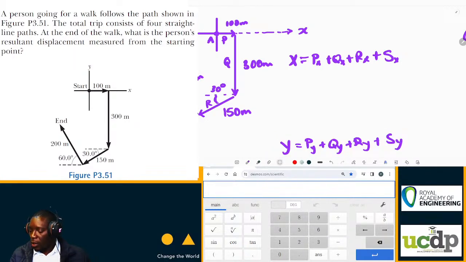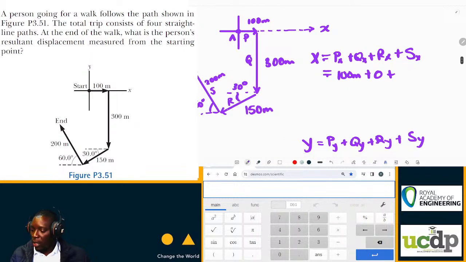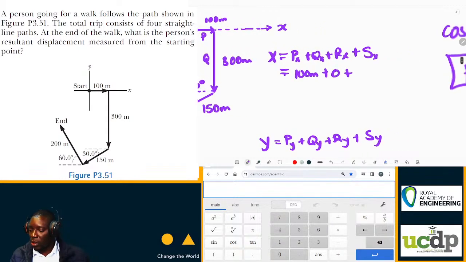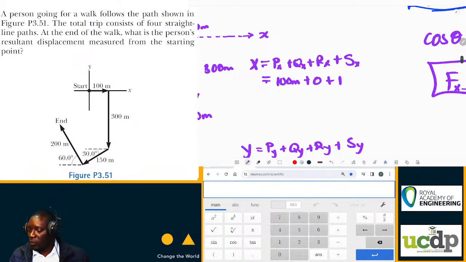Okay, so for our px is 100, qx 0 plus rx. Remember, r has got a component in the negative x direction, and the component in the negative x direction is a cos theta component because the angle is between the vector and the component that we are considering. So we have got r having a magnitude of 150 and it's negative, minus 150 cos 30, the angle is 30 there.